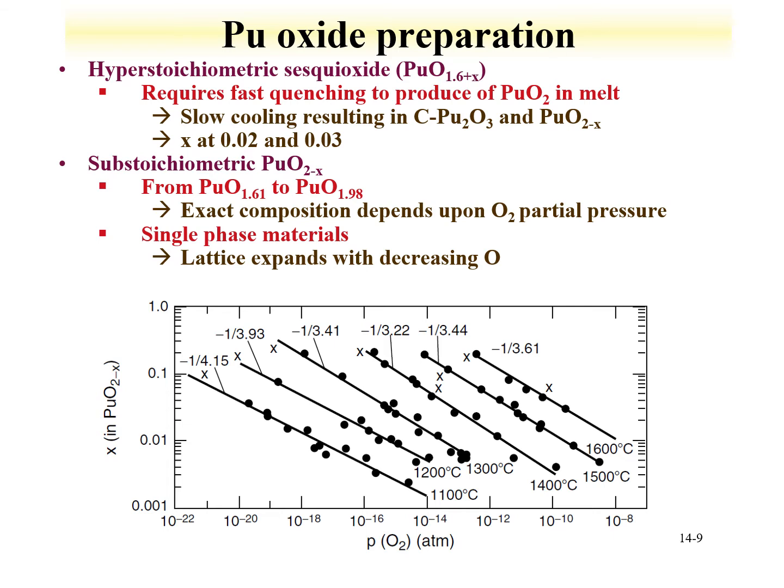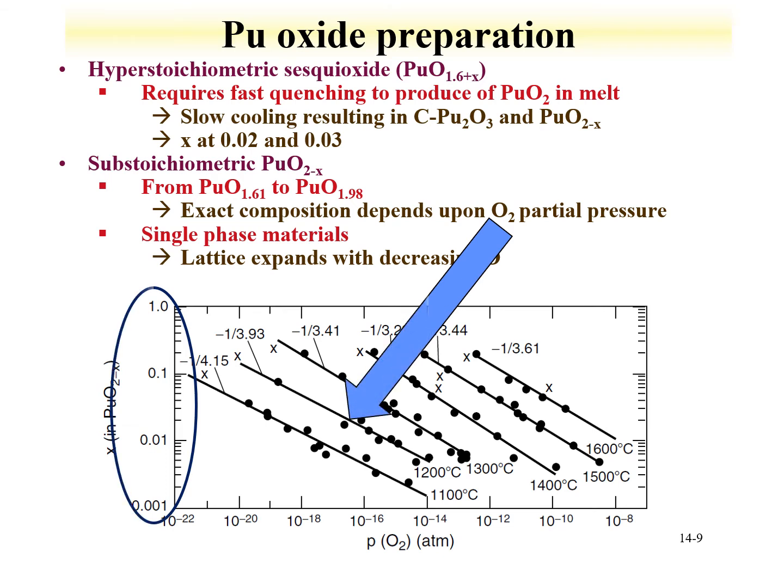The exact composition depends upon the oxygen partial pressure, and that's shown here, where over here we can see what X is. So PuO2 minus X, and X can go from 0.001 to 1, so we have a fairly large range of control.